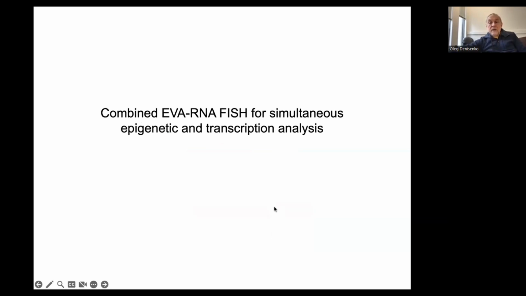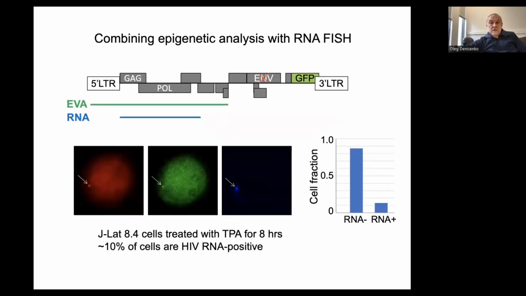So next, we combined EVA with RNA FISH for simultaneous analysis of epigenetic marks at the locus and the transcriptional status of the gene. The EVA probe was again to the same HIV locus, and the RNA FISH probe was to the GAG-POL region of the virus.